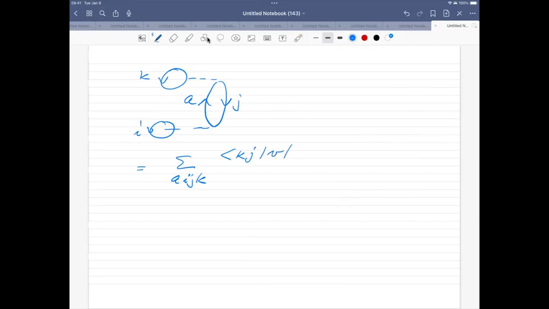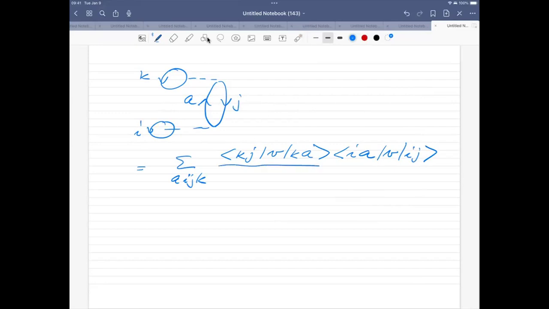I have an incoming hole state K and an incoming particle state. And here I have an outgoing hole state I, an outgoing particle state A. I have a V, and then I have a state I and a state J here. And these are anti-symmetrized matrix elements.